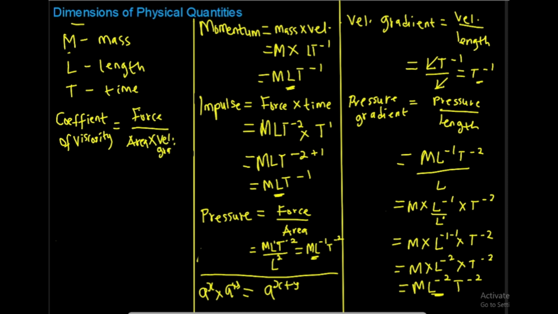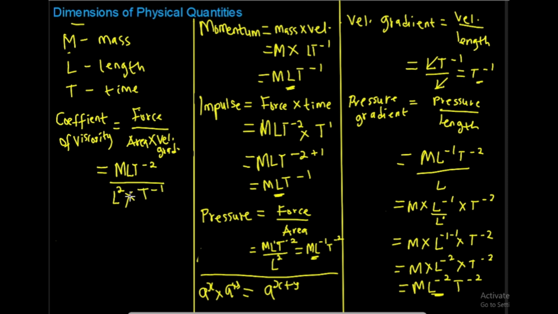The dimension for force we've calculated already to be MLT^-2, all over area. Dimension for area is L squared. And dimension for velocity gradient, I think we still have it here to be T^-1.